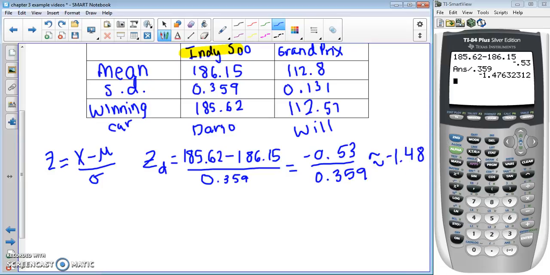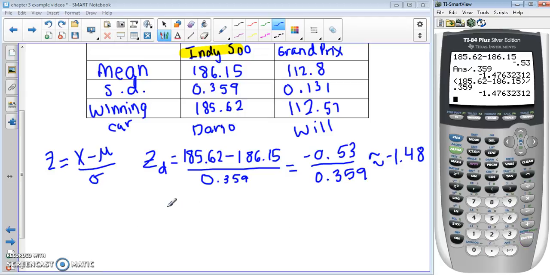The other way to do it is we can type this in at one time in the calculator. To do that, we need to type the numerator in parentheses. So 185.62 minus 186.15. Close my parentheses because I want to calculate the numerator first. Divided by 0.359. Enter.